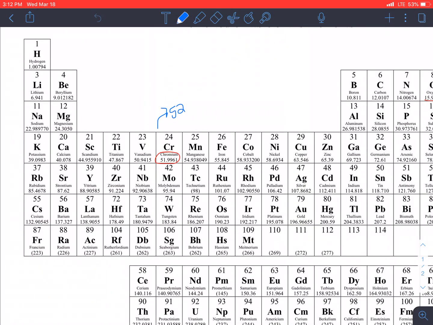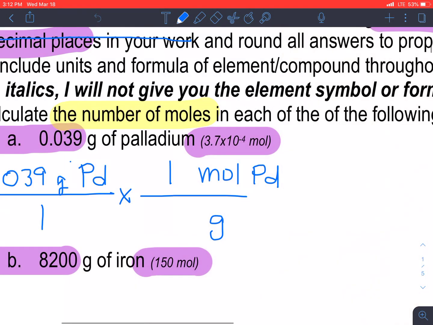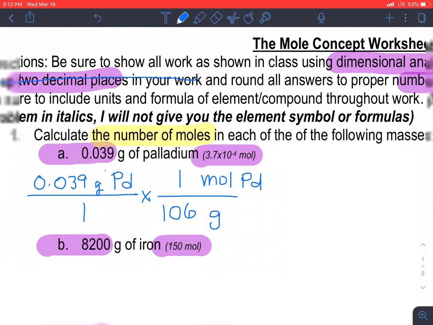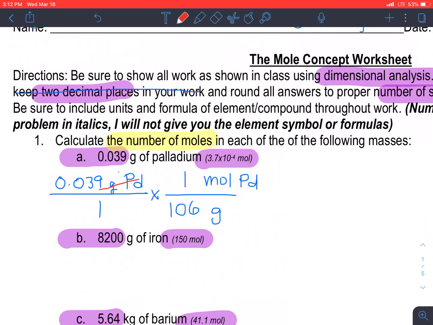Pd is right here, 46. We're going to use the whole number of that. 106.42 rounds just to 106. So that is the mass that we use here. And as you can see, grams and grams will cancel, leaving us with the desired unit.